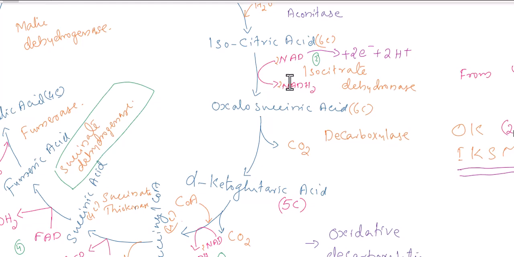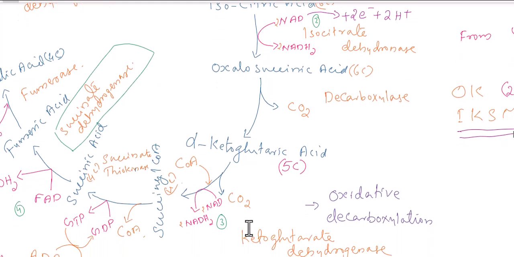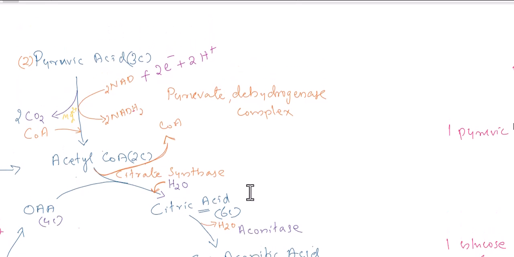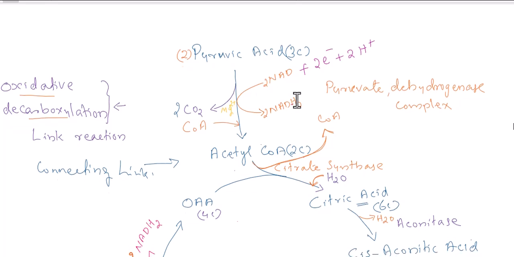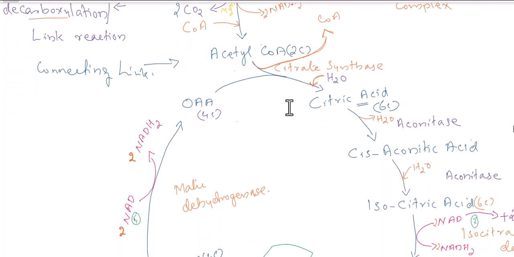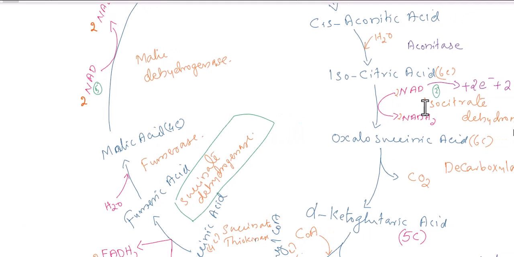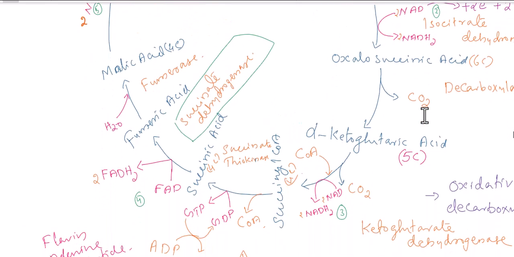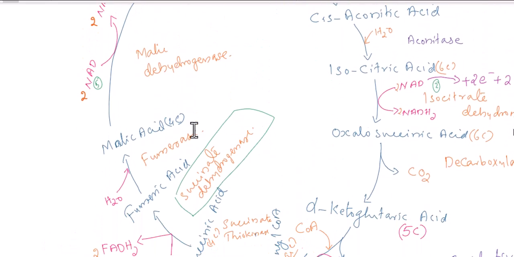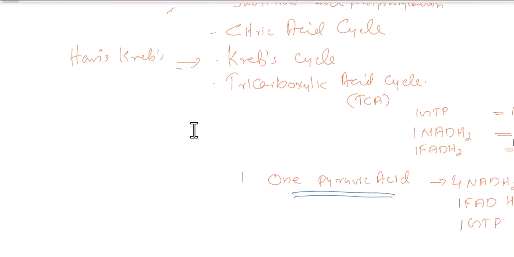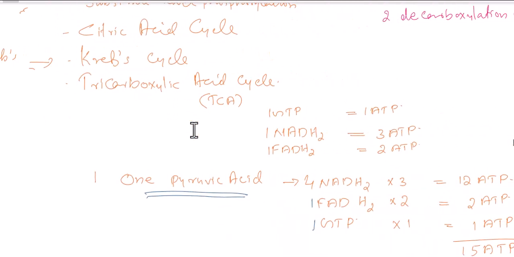If we start from pyruvic acid, consider one pyruvic acid. Here one NADH2 in this step, then a second NADH2, a third NADH2, and a fourth NADH2. So from one pyruvic acid, 4 NADH2 molecules are produced.